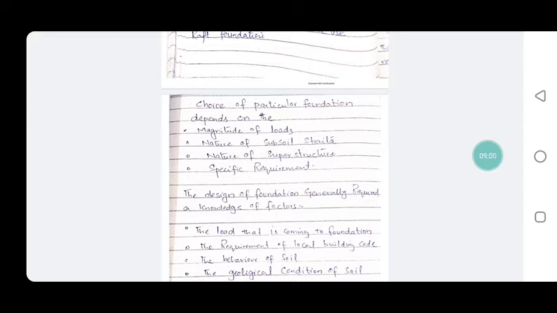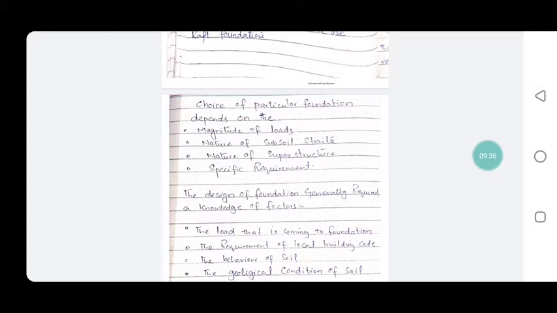If your subsoil strata is good enough to bear a load, then we will provide isolated footing. Okay, if our strata is strong enough, but at the same time we have a high quantity of load, like I have worked on a project located in Saudi Arabia.